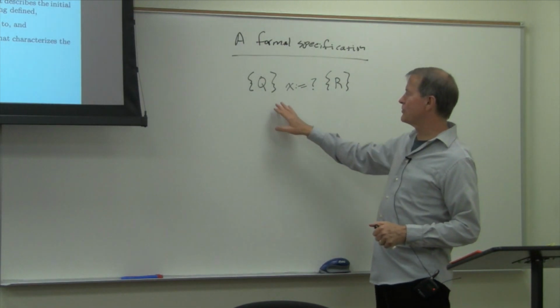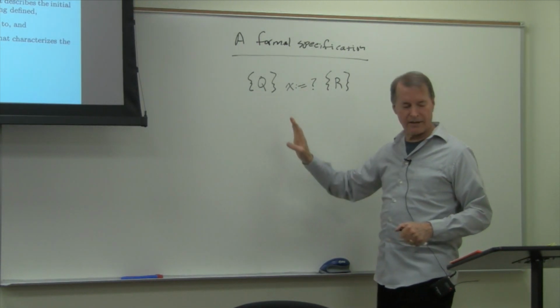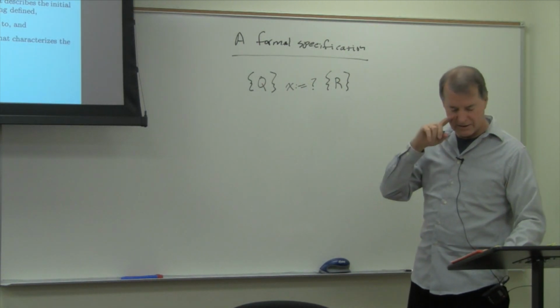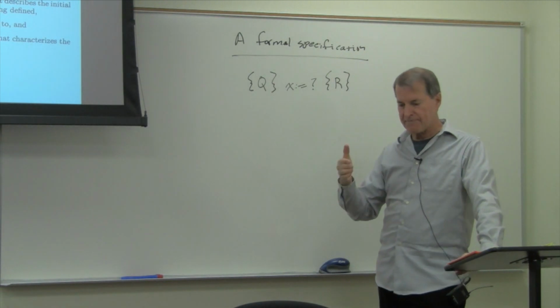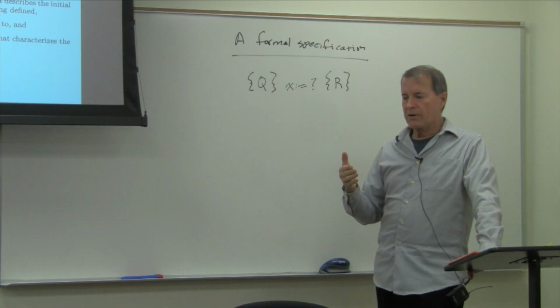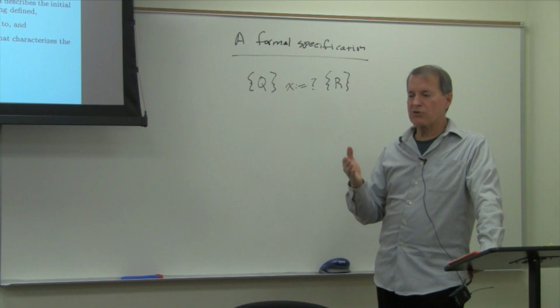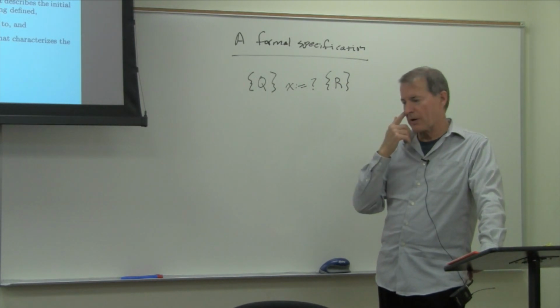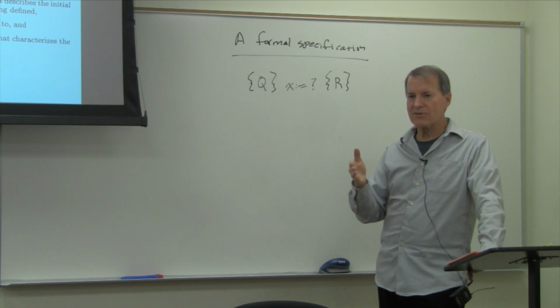Now, here's the thing. One of the things that we want to be able to do is, suppose you go to work and your boss tells you to write a program, and he says the program should do this and this and this. He tells you that in English, right?